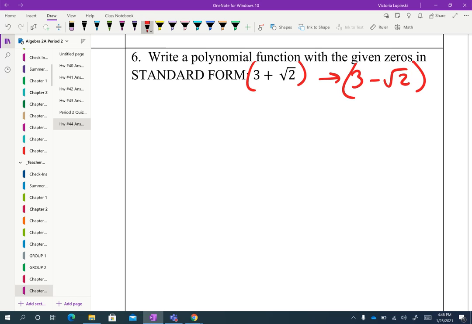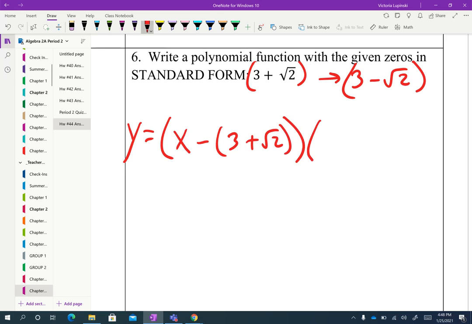So this is a little bit trickier. So I'm going to call it, again, y equals or f of x equals, up to you. You're going to start off with x, then you're always going to do minus whatever the first root is. Then you're going to do another parentheses, another minus, and whatever the second 0 is.